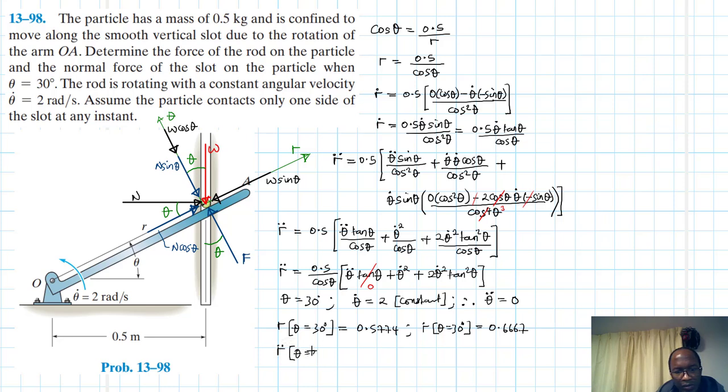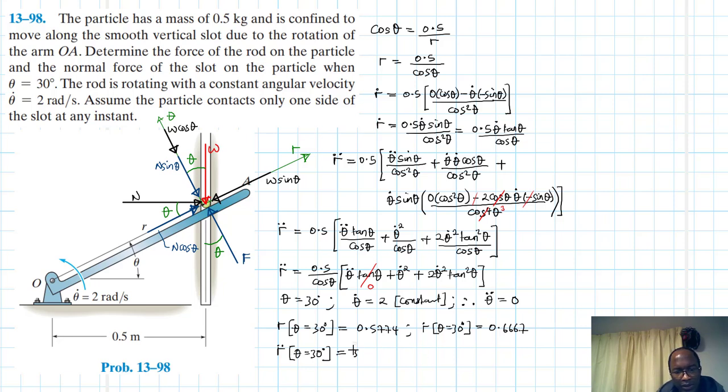Then we have R double dot at theta equal to 30 degrees, and this is equal to, let's work it out, 2 by 2 squared tan 30 squared plus 2 squared, then times 0.5 divided by cos 30.